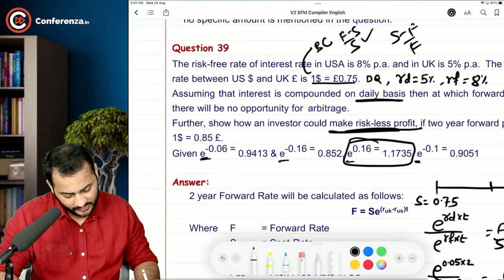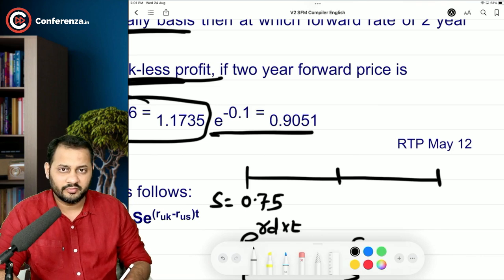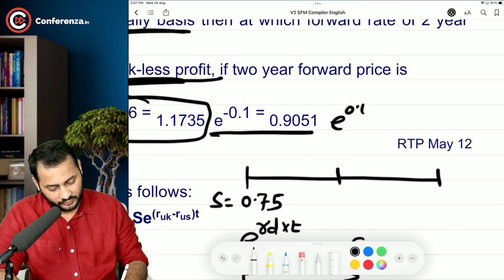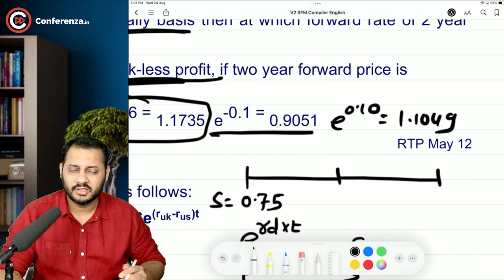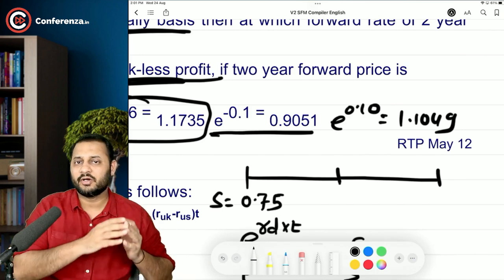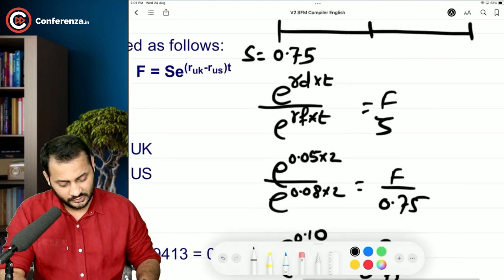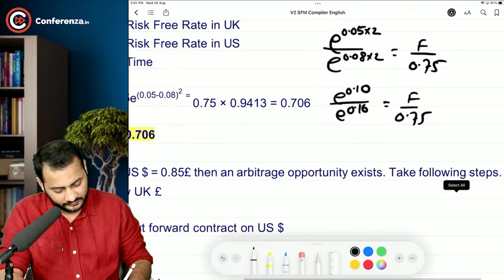Where is 0.10, man? Okay, the 0.10 is not given, but you can calculate e to the power 0.10 just by reversing this value, 1 divided by 0.9051. So e to the power 0.10 will be 1.1049. Just the inverse of this. We have learned this, that e to the power minus 0.1 can be converted into plus 0.1 if we reverse that. So 1.1049, 1.1735.